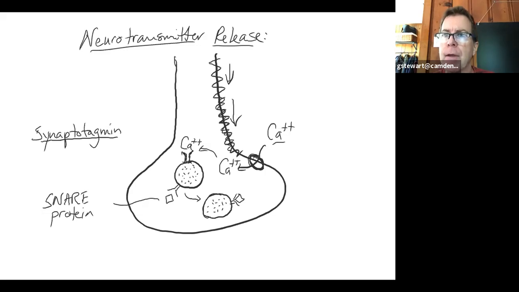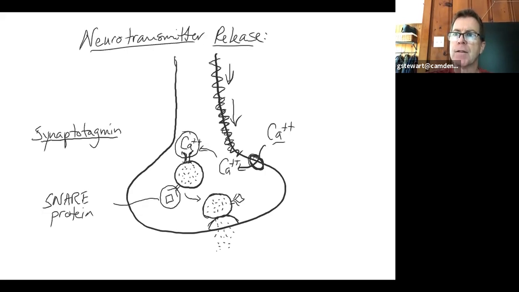Nevertheless, calcium binds to the synaptotagmin. That complex then binds to a SNARE protein. Then it migrates to the edge of the axon terminal, where fusion of the plasma membrane occurs, and neurotransmitter is released into this space.